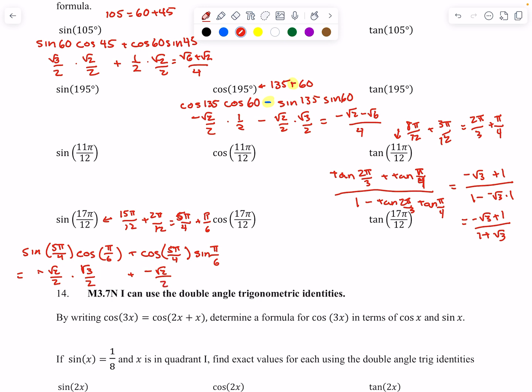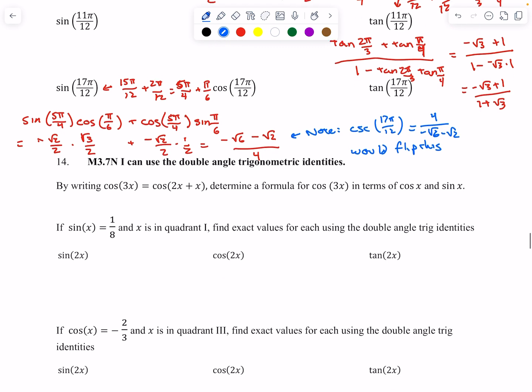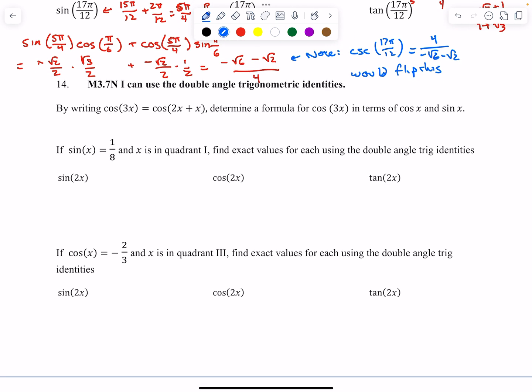Five pi over 4 is in the third quadrant, so they're both negatives. So if you're asked for secant, cosecant, or cotangent, you just find the other and flip it. All right, what have we got here?